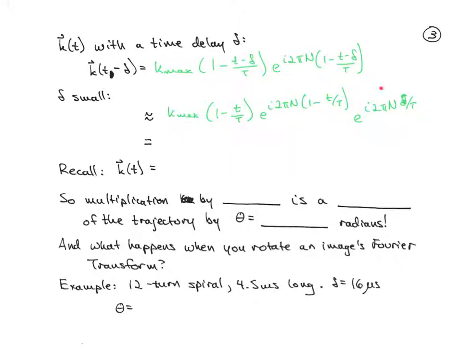So now we just have this phase modulation on it. So that's equal to K of t times e to the i 2 pi n delta over capital T.